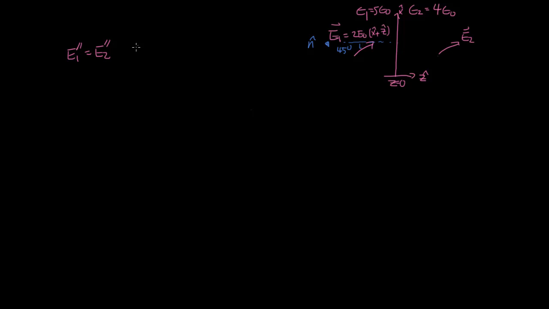So in this case, that means that Ex1, the x component for E1, is going to be the x component for E2. Therefore, the tangential component of E2 is going to be equal to 2 E naught x hat, right?